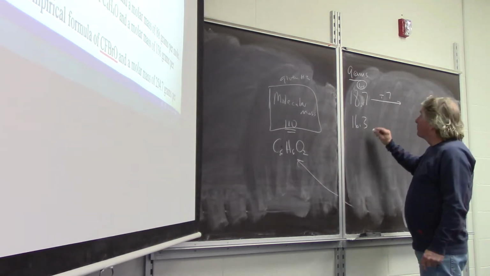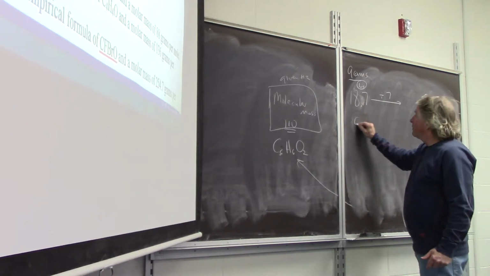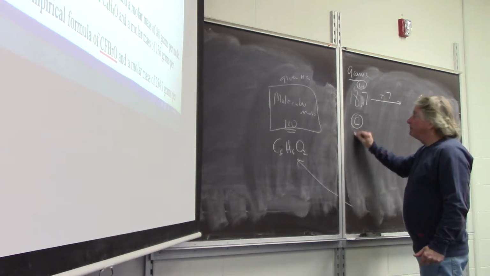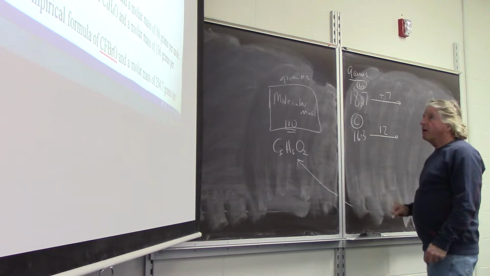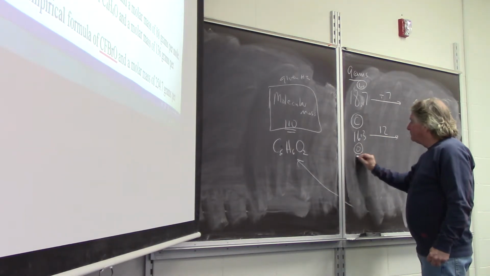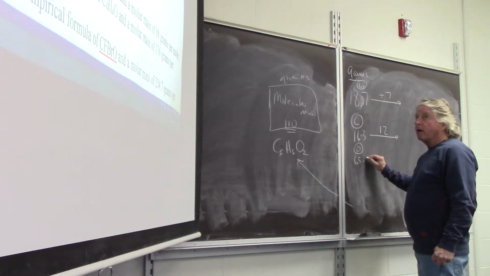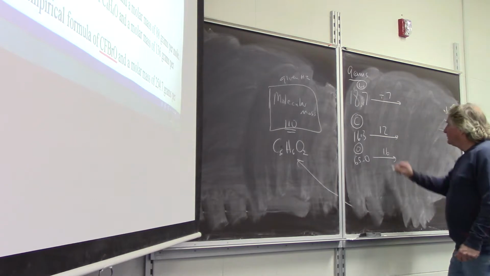Usually rounding works okay with these. Carbon's 12, and oxygen, 16.